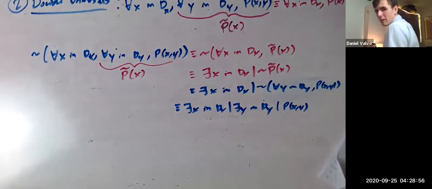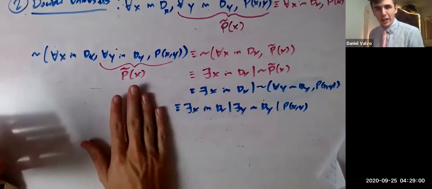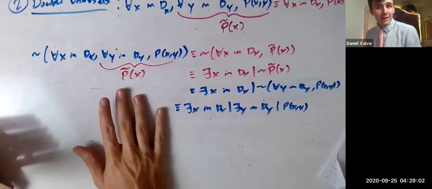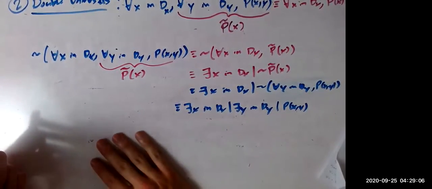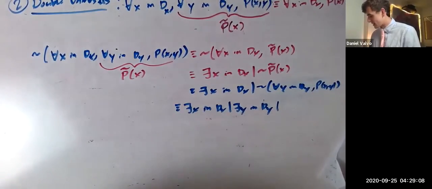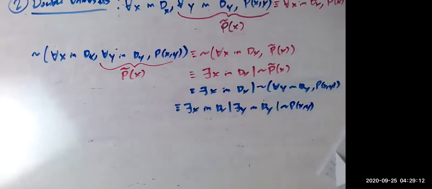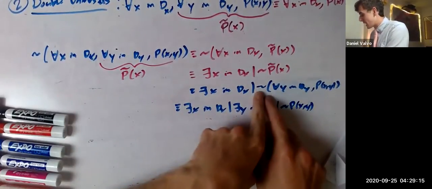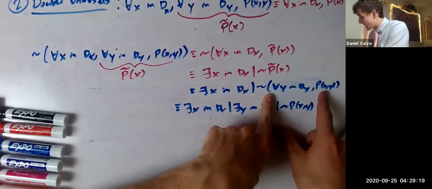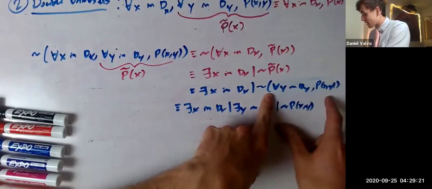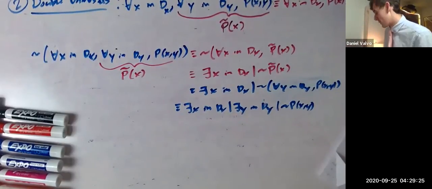So that's the negation, once again real simple. The key is thinking of the second part as a predicate itself, and then just following the rule. Should it be the negation of P of x, y at the very end? Yes, thank you, Alex. Because this is saying for all y, P of x, y is true, the opposite is that there exists a y such that P of x, y is not true, not that P of x, y is true. That wouldn't be the opposite of all.